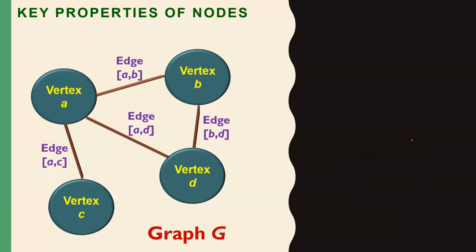Now, key properties of nodes. Excuse me. Now, I'll be bombarding you with a lot of terms and definitions here, because we need to have an understanding of the basic characteristics of graphs before going through the algorithms that we can perform on them to extract some nice information. Because when we go to machine learning techniques, there are random trees and neural networks, which will involve some graph theory.